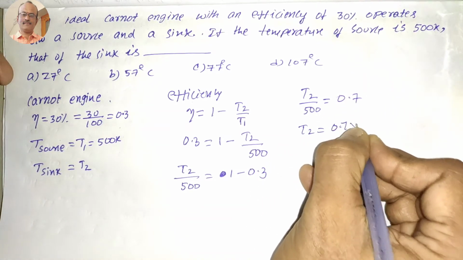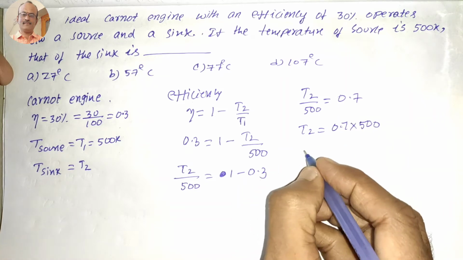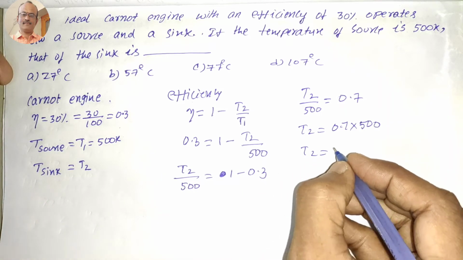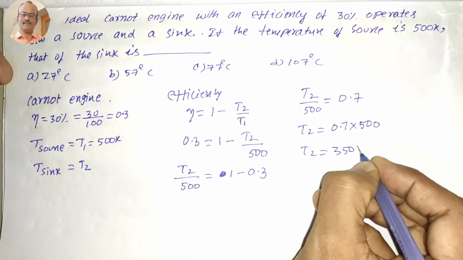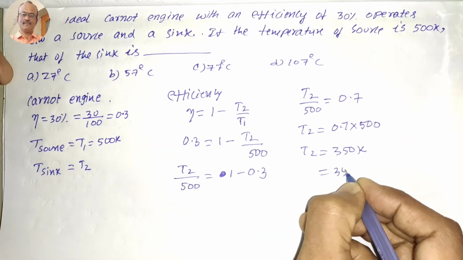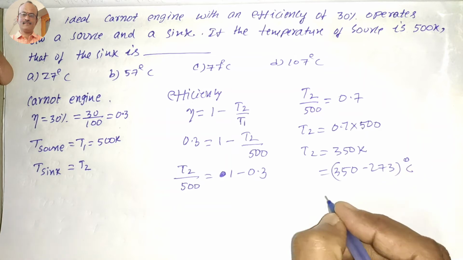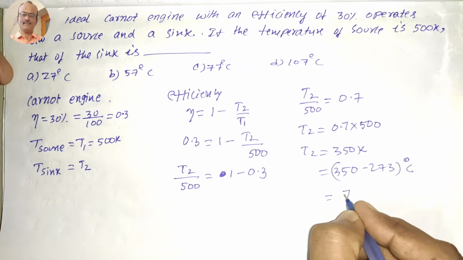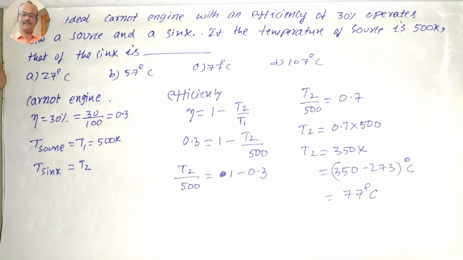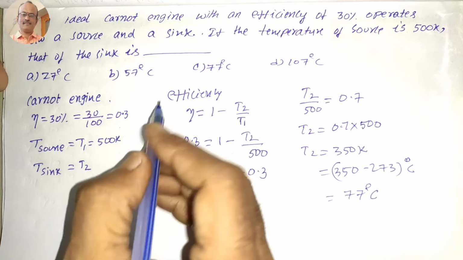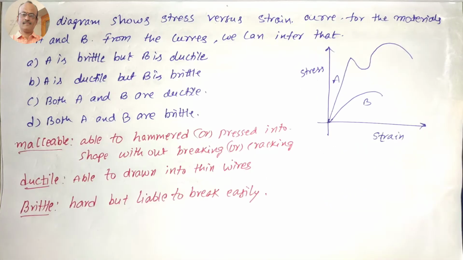T2 is equal to 0.7 into 500, so T2 is 350 Kelvin. That means 350 minus 273 degrees centigrade. On subtraction, we get 77 degrees centigrade as the answer. Option C.